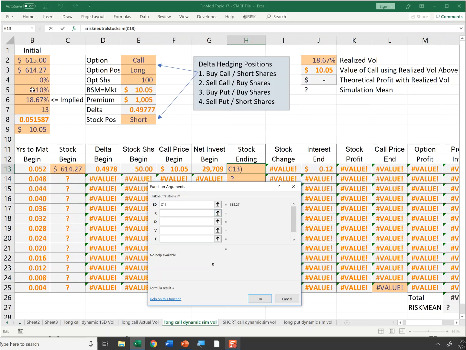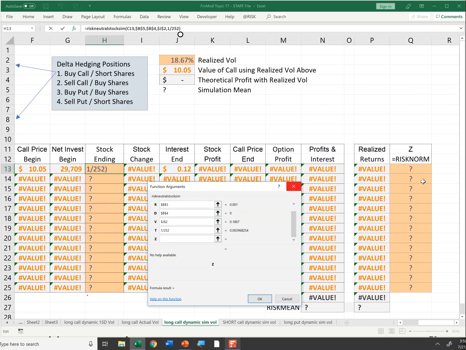I'm going to anchor the interest rate, 10 basis points, dividend yield, 0, volatility. This is going to be my forecasted volatility. Let's use 18.67% for this one, anchor that. The T, let's make that 1 over 252. I want to just simulate one day's stock price. My Z, I'm going to reference this cell right here.